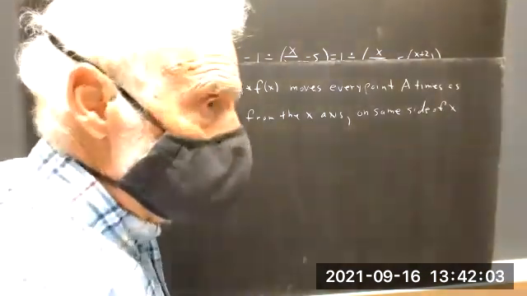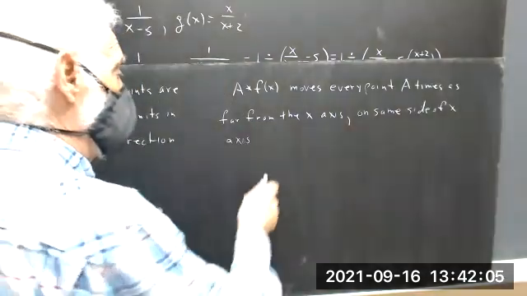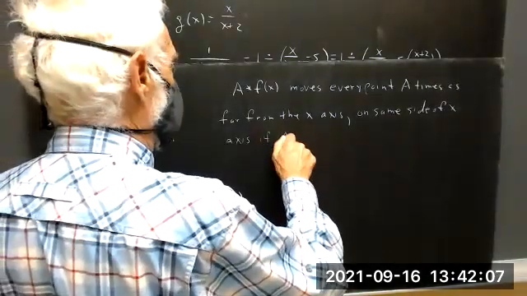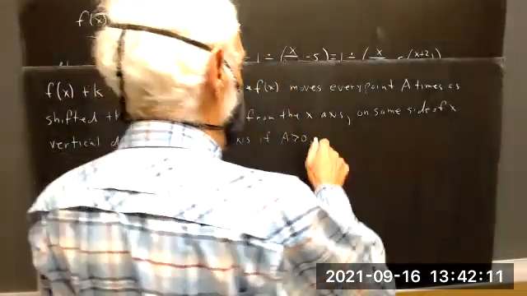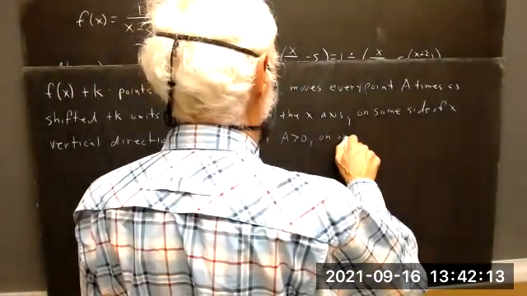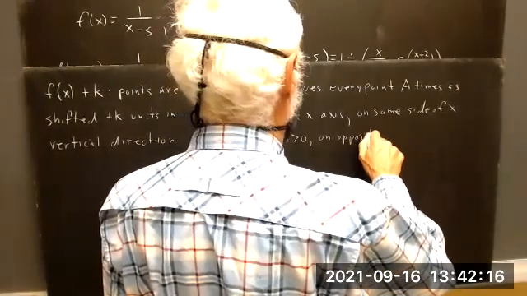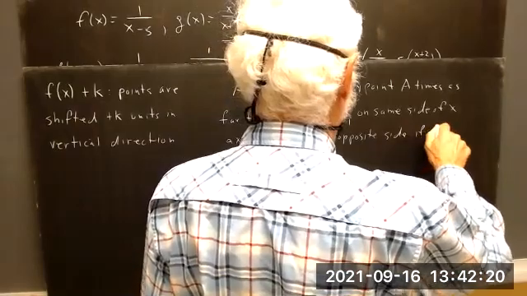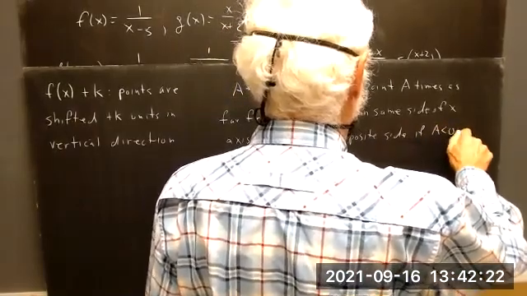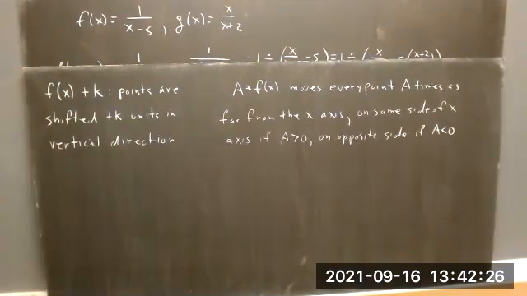On the same side of the x-axis, if A is positive, on the opposite side if A is less than 0. Okay?